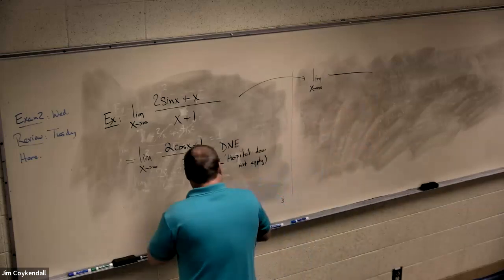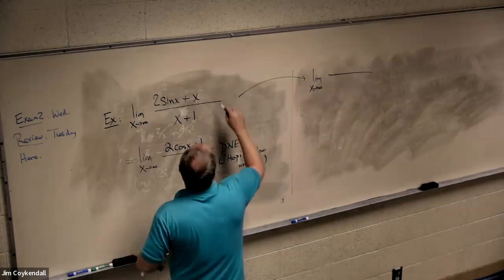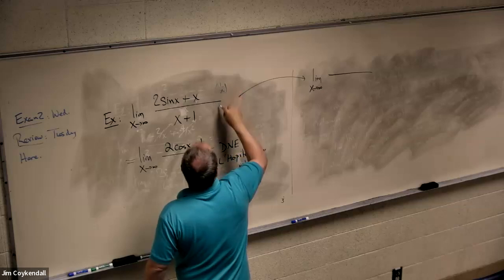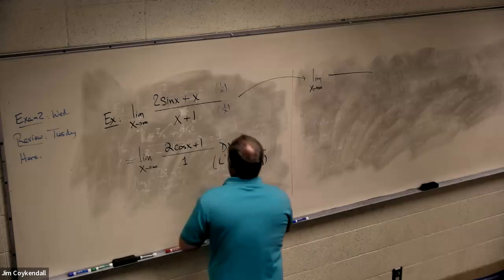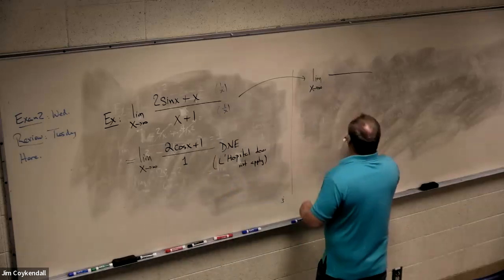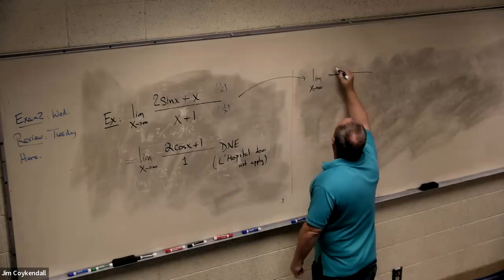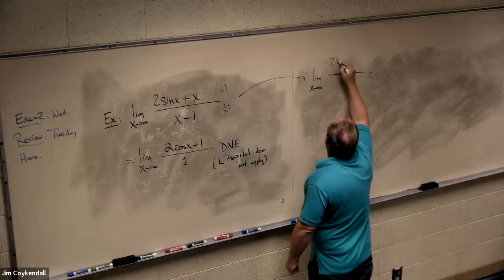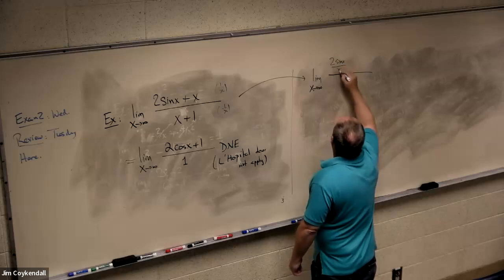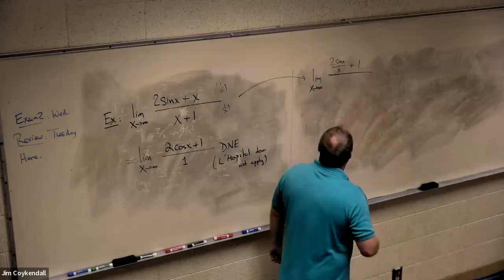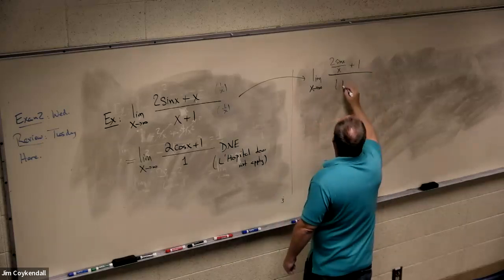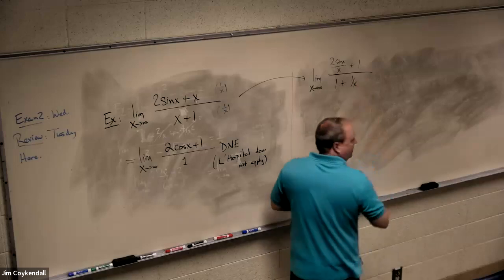Let's do this again. Instead of doing all that L'Hopital stuff, what really applies here is to multiply top and bottom by 1 over x. So this is 2 sine x over x plus 1, and in the bottom, I have 1 plus 1 over x.